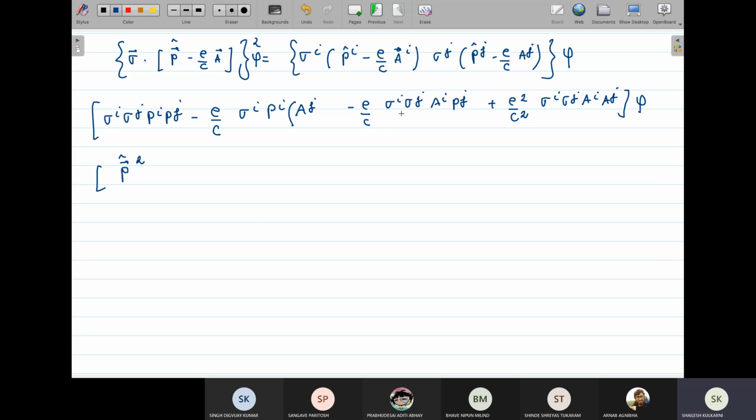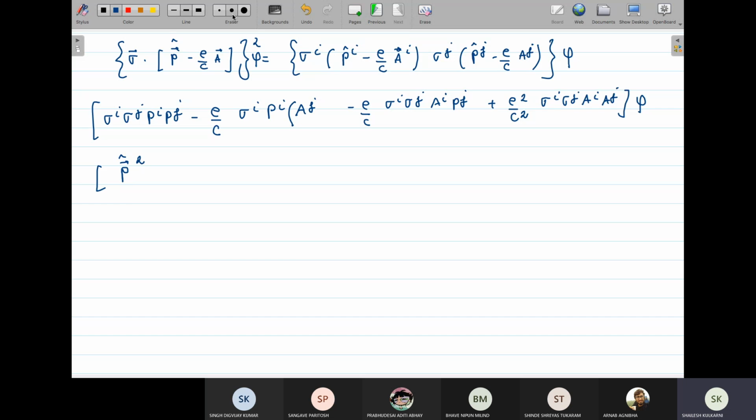What is this term? Minus e/c sigma i sigma j, plus e squared by c squared sigma i sigma j. I can write these two terms as the following.